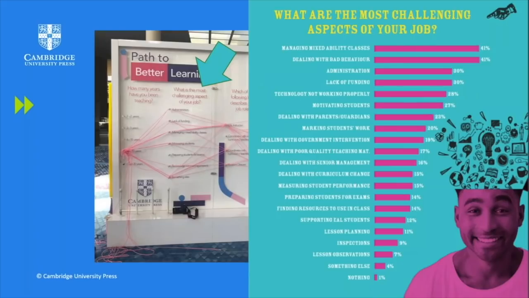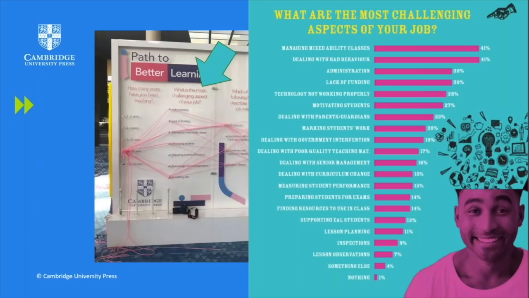This was based on a survey that had been done the previous year where these same or similar questions were asked. And interestingly, in the question of what are the most challenging aspects of your job, the answer managing mixed ability classes was the top response, slightly higher than dealing with bad behavior, which of course, we know classroom management is always an issue.